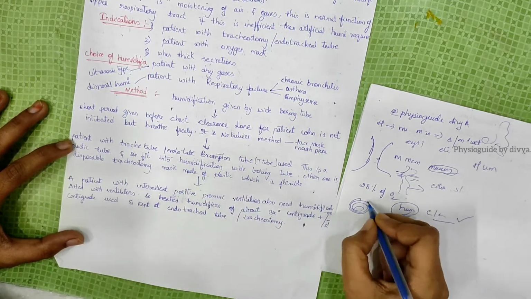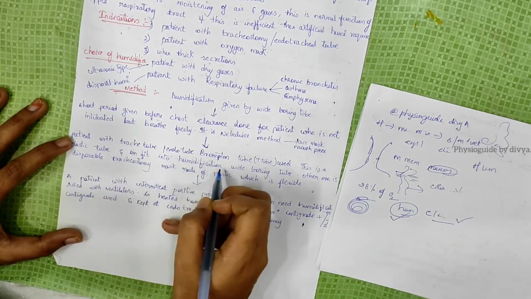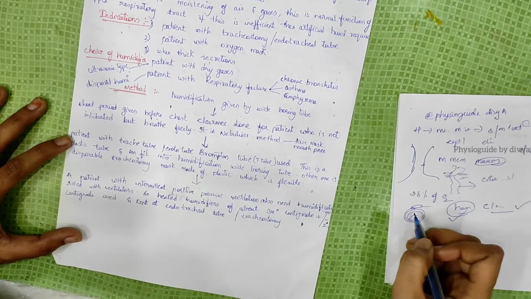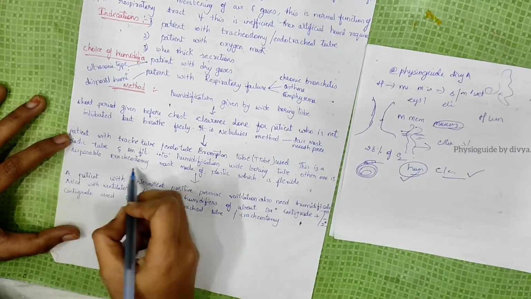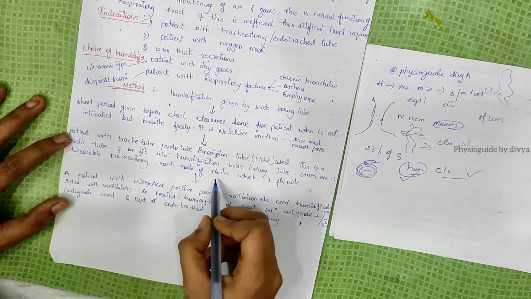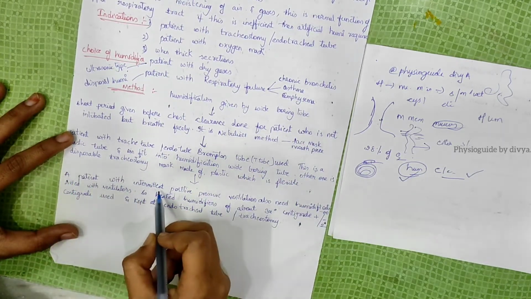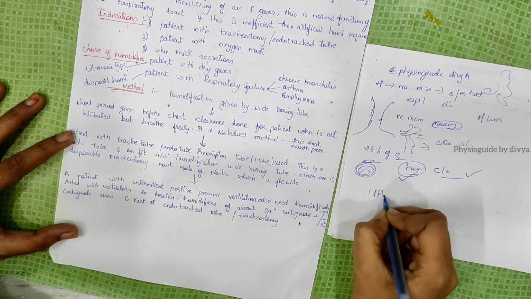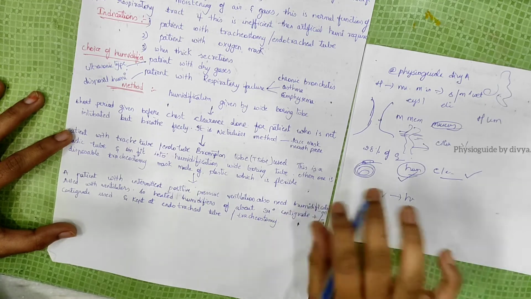This Brompton tube is a plastic tube and can fit into the humidification; it will fit into the wide bore tube. The other one is the disposable tracheostomy mask made of flexible plastic. Next, a patient with interrupted IPPV ventilation also needs humidification, fitted with the ventilators only.